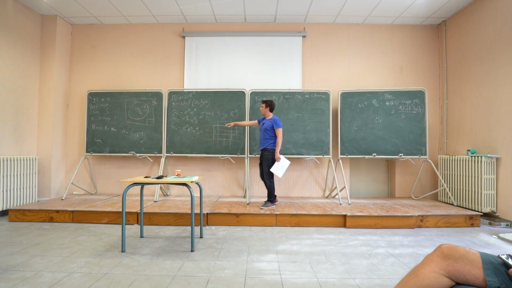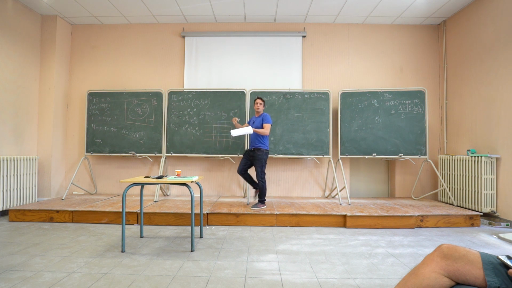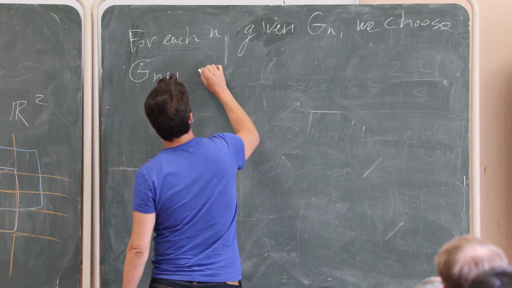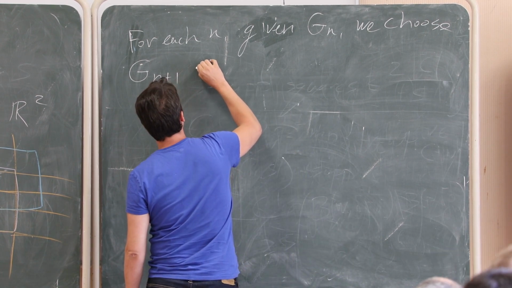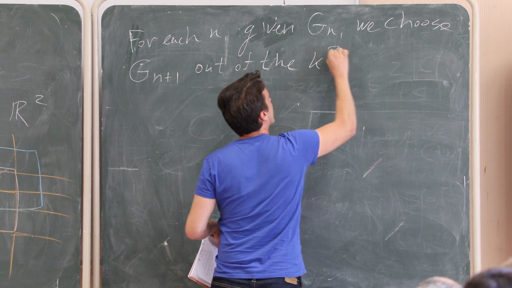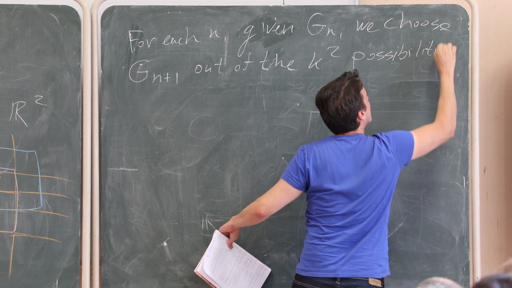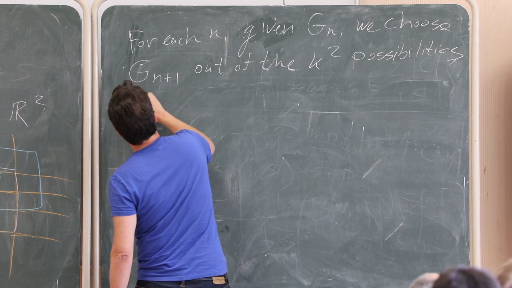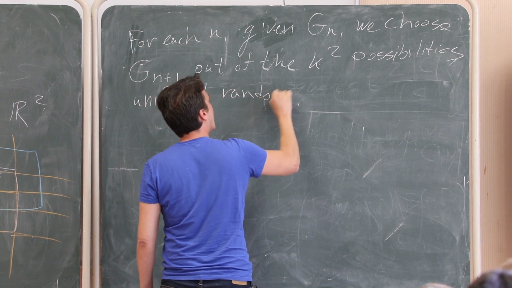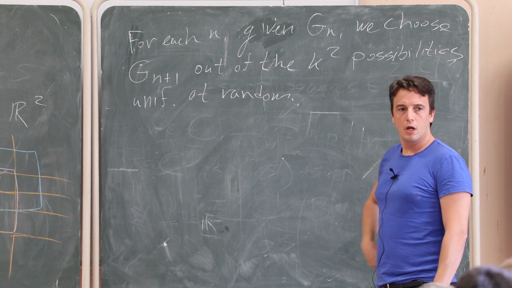It needs to be squares that are bigger up to a factor of k. We choose Gn plus 1 out of the k-squared possibilities uniformly at random. Okay, so this is now our construction.